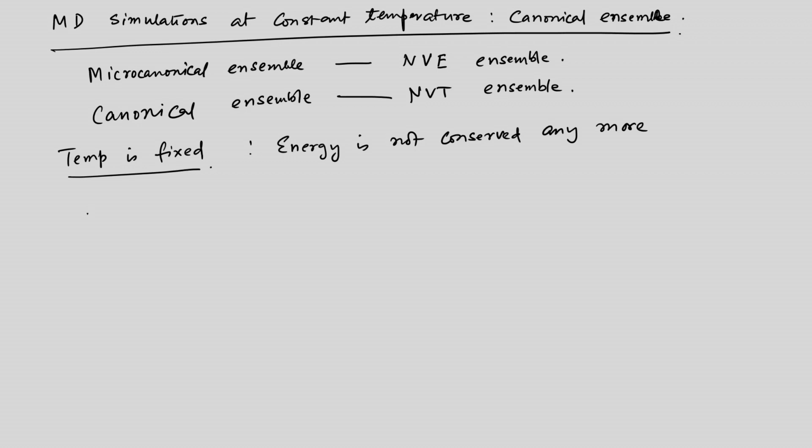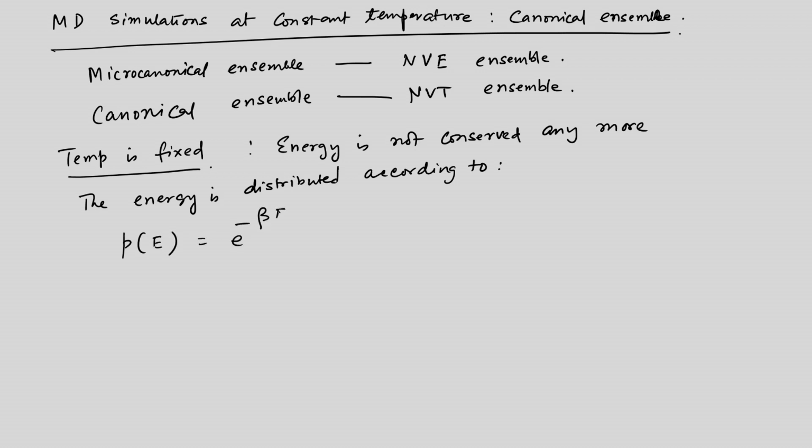So the energy is actually distributed according to P(E) equal to exponential minus beta E divided by Z, where Z is called the partition function, and defined as the sum over exponential minus beta E. Now, this E is actually a function of certain degrees of freedom.